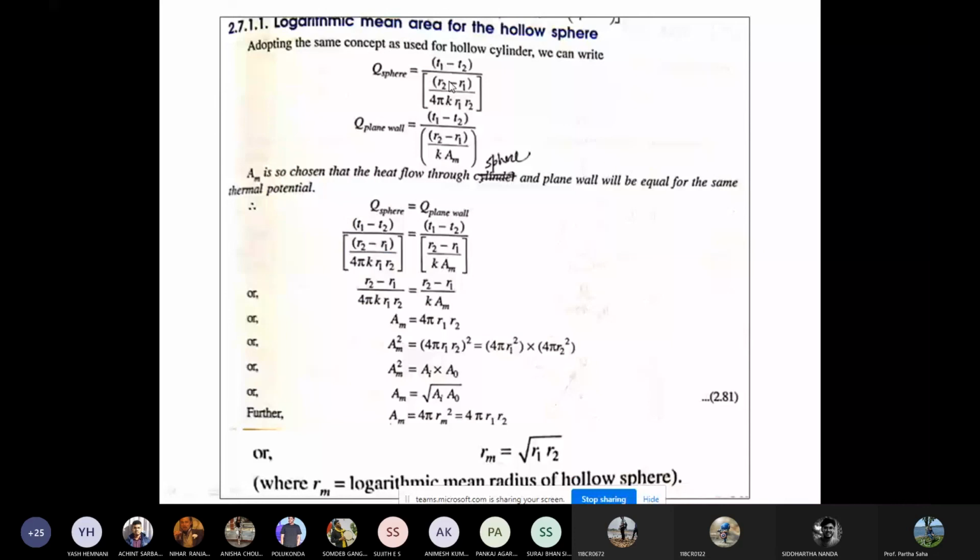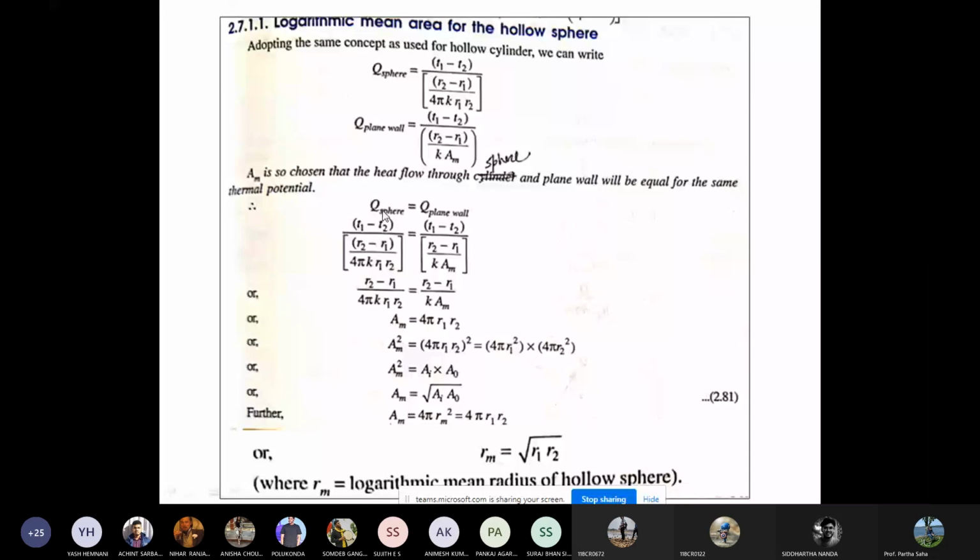If you consider the hollow sphere as a plane wall with the same thickness R2 − R1 and mean area Am, we can write Q for the plane wall as (T1 − T2) divided by (R2 − R1)/(K Am). Am is so chosen that the heat flow through the sphere and the plane wall will be equal for the same thermal potential.